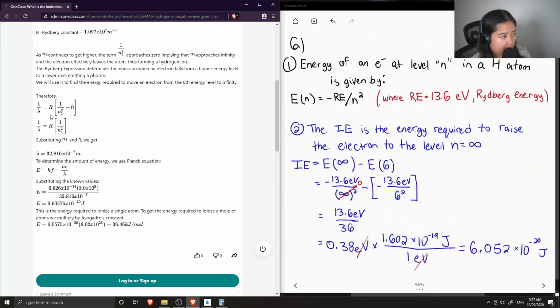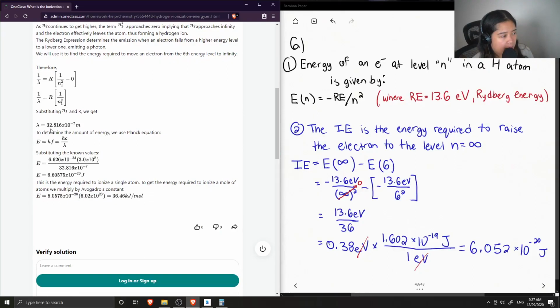So they showed how N1 is when you would plug in 6 to the power of 2, and since 1 over anything to the infinity is going to equal 0, this kind of simplified their expression, and they found the wavelength that corresponds to this.